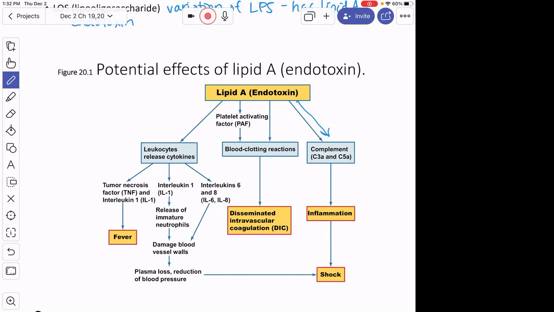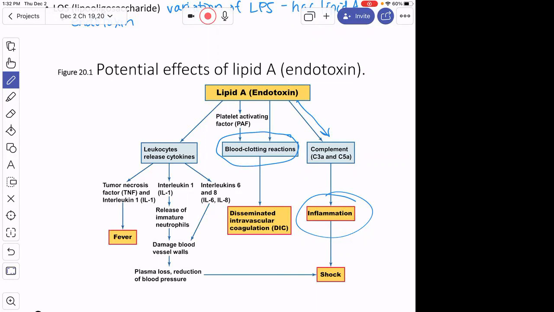This is normally splitting C3 all the time, and if a pathogen is present, endotoxin can help apparently activate complement, and the C3a and C5a can increase inflammation. Endotoxin can also increase blood clotting reactions and lead to disseminated intravascular coagulation.